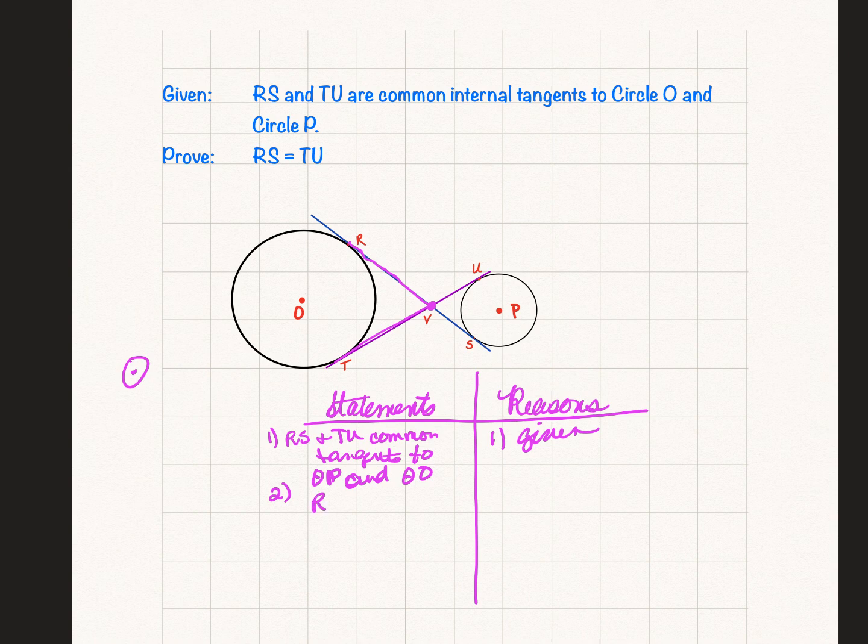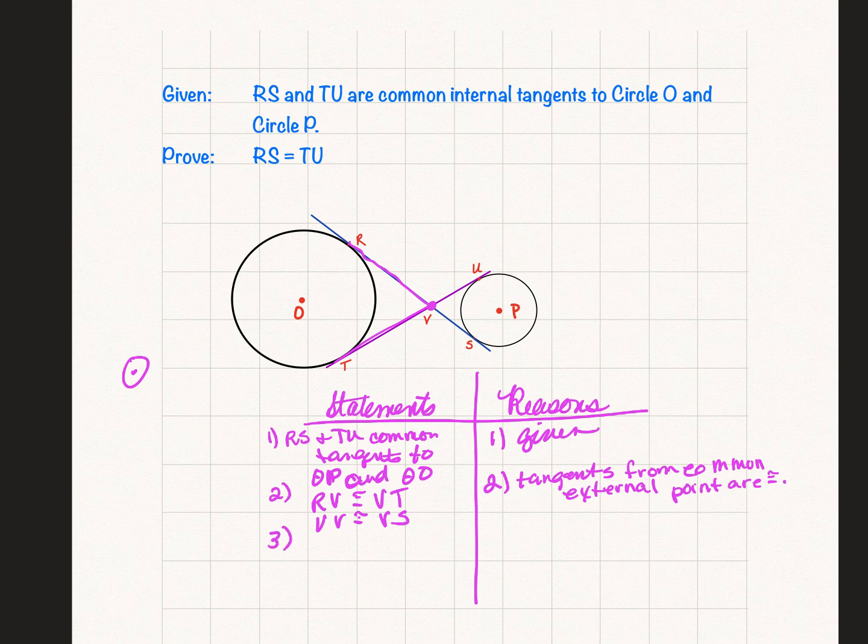So I could say that RV is congruent to VT, and I can also say that UV is congruent to VS, and that is because tangents from a common external point are congruent. Okay, that's one of those theorems that we had today.